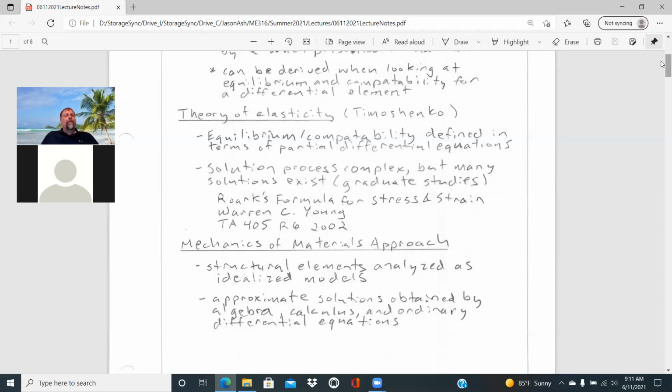What you're really doing with that is, again, attempting to get an approximate solution for that complex state of stress. And that you can compare back to a theory of elasticity solution if it's available, or at a minimum, comparing it back to a mechanics of materials approach just to make sure that you're in the ballpark.